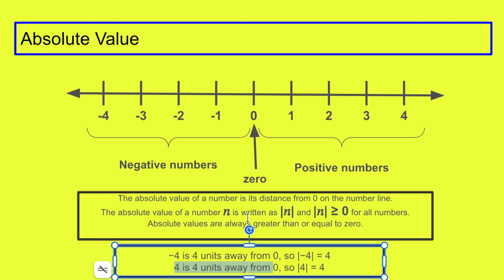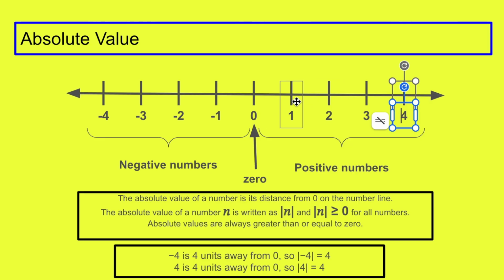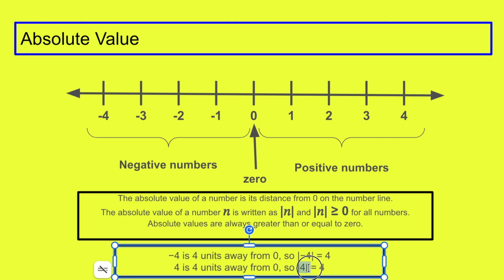That is true, we know. 4 here is 4 units away from 0. 1, 2, 3, 4. So how do you represent the absolute value of this 4? It is like this. But the absolute value of this is also 4 because it is 4 units. The absolute value of negative 4 is also 4 units, and the absolute value of 4 is also 4 units. So that's what we need to understand.